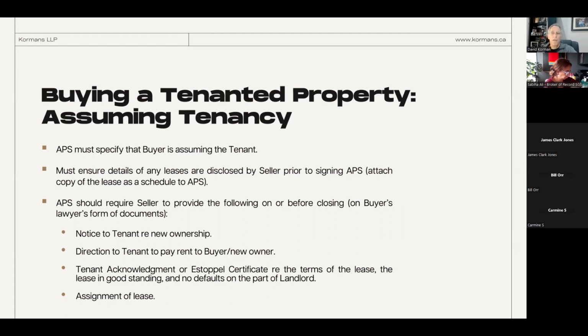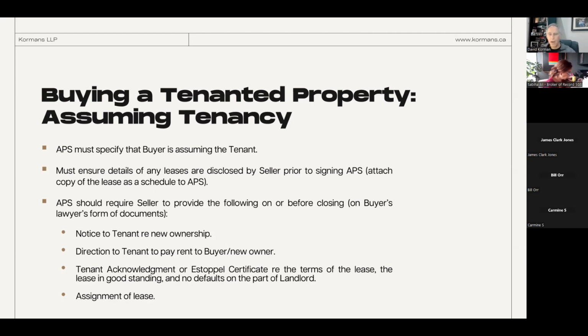The reason you want that as the buyer is you don't want to just take the seller's word that these are the terms of the lease you're going to be assuming. I want confirmation from the tenant that what his landlord, the seller, is telling me about the lease is true, was true when it was signed, is still true, and there are no other issues.